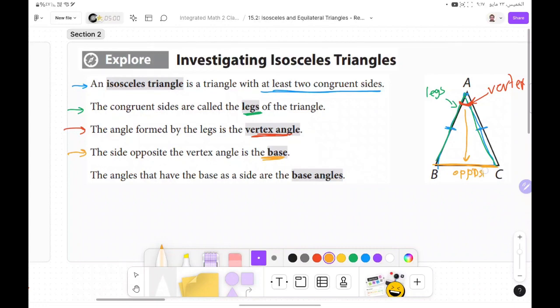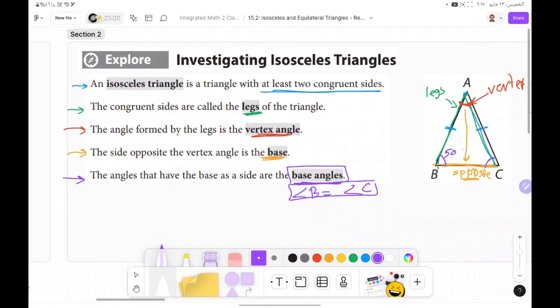Why do we need to find the opposite side? Because of the last one here. The angles that have the base as a side are the base angles, and the base angles are always equal. So angle B and angle C are equal.